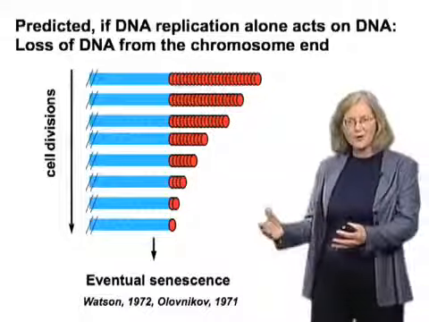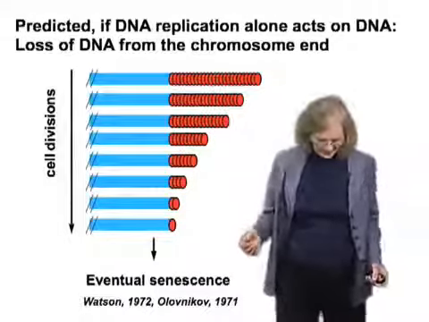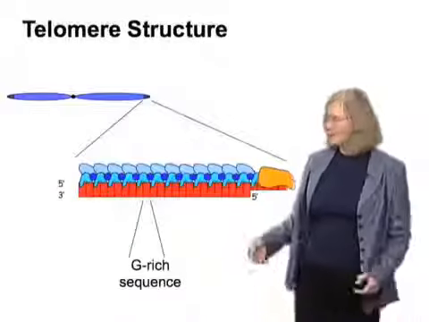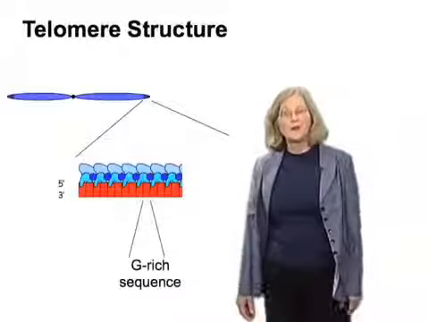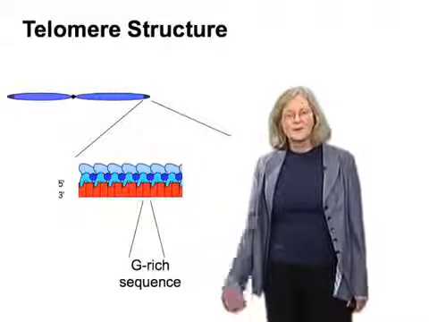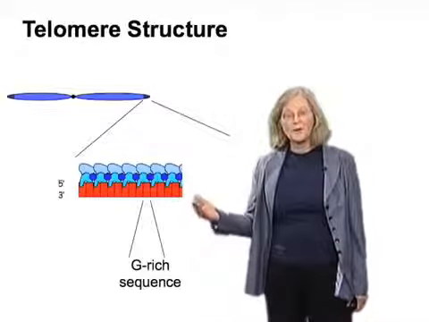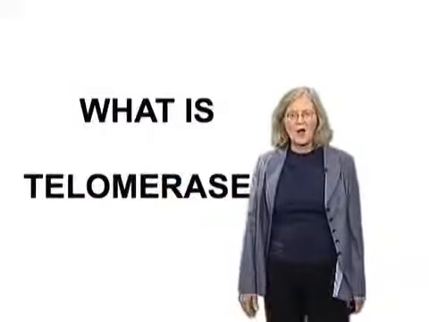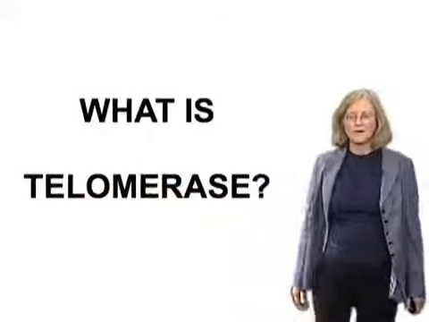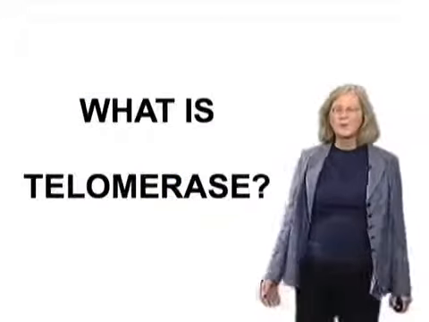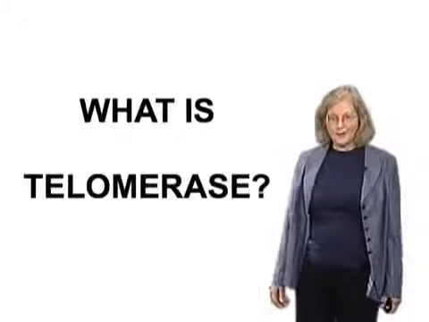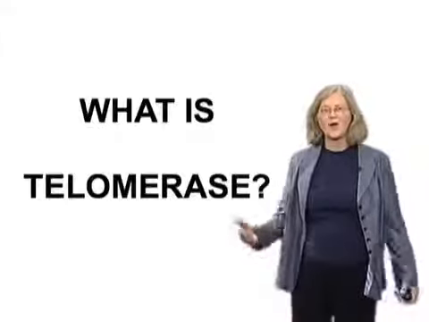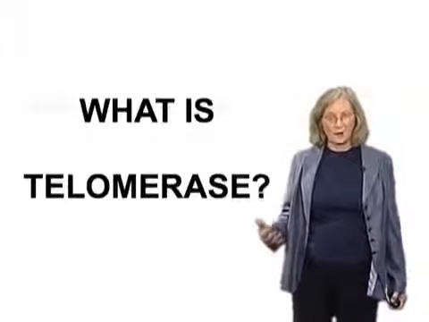The cells cannot proliferate indefinitely in culture. Okay, so shortening of telomeric DNA is something that will be problematic for cells. How is this problem solved? Well, it's solved by an enzyme called telomerase. So I'd like to introduce you to telomerase now and how it was found.